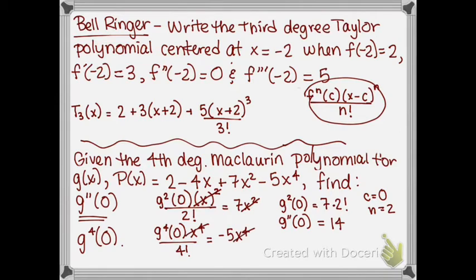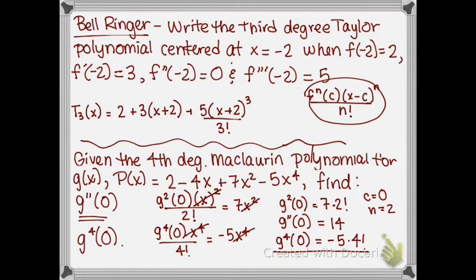Cancel out the x to the 4th on both sides, and let's multiply that 4 factorial over to the right. So the fourth derivative of g at 0, multiplying that 4 factorial over, we get negative 5 times 4 factorial. Don't need to simplify numeric expressions. If you did, this 4 factorial would be 24, but you're welcome to leave it as negative 5 times 4 factorial.